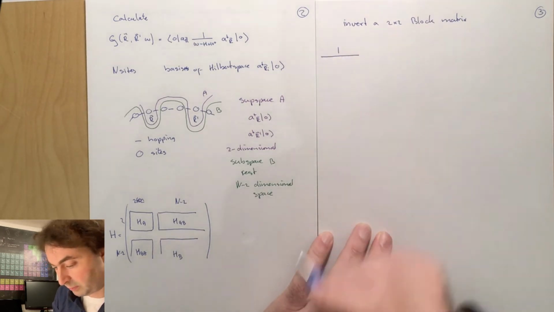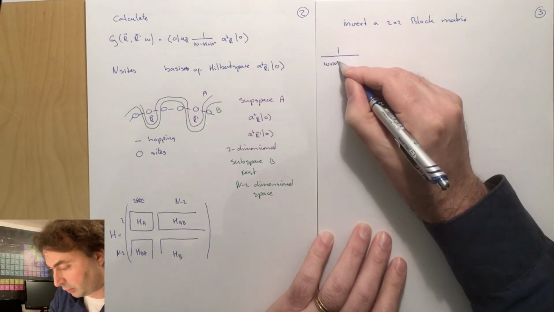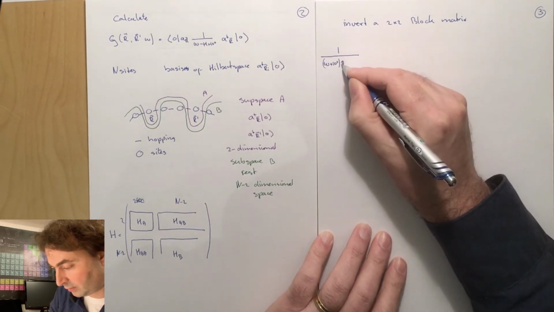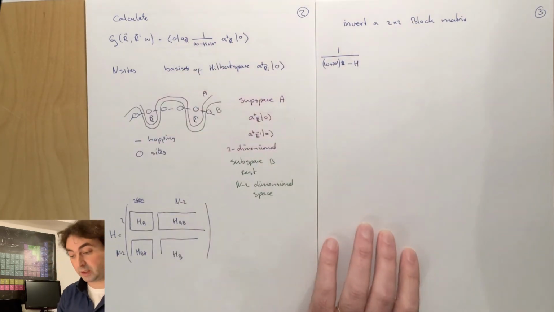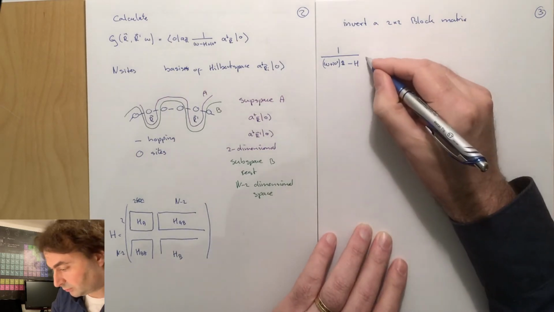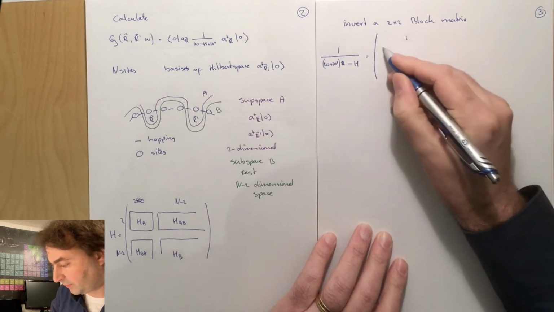And the matrix that we want to invert is not just the Hamiltonian, but is omega plus I0 plus times the identity matrix minus the Hamiltonian, which is your Green's function. Well, we can invert 2 by 2 matrices.